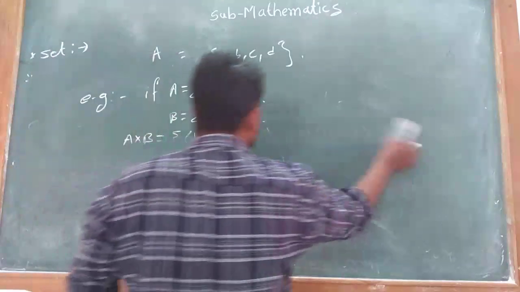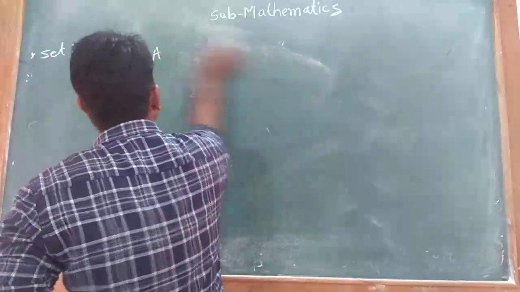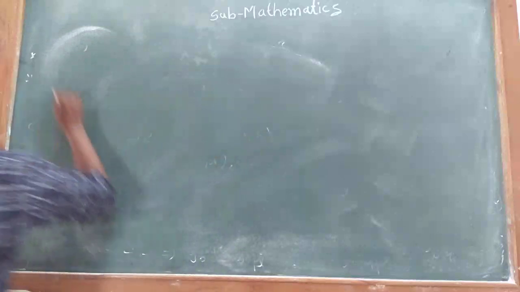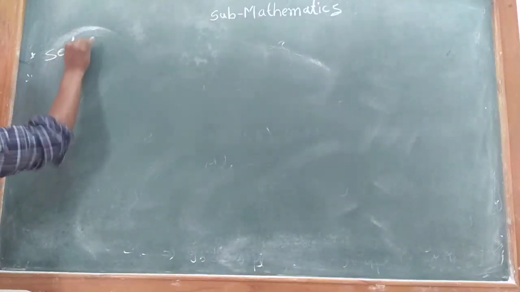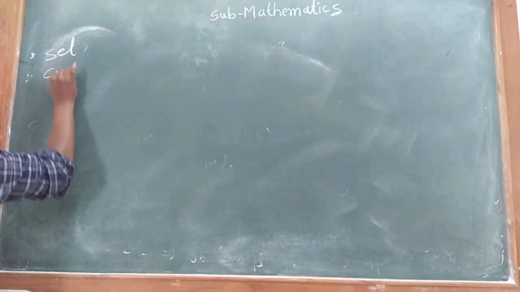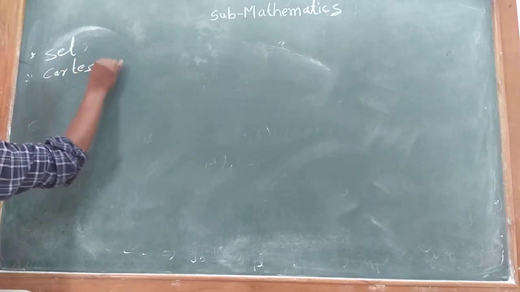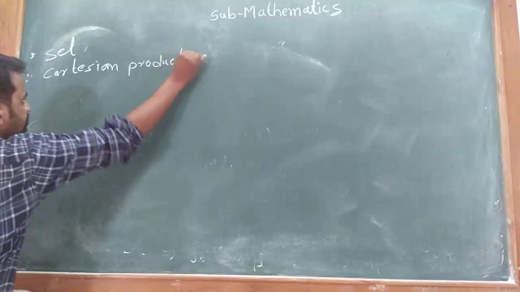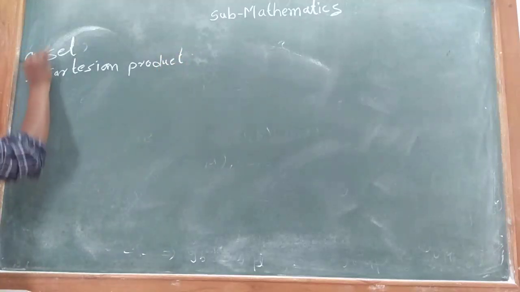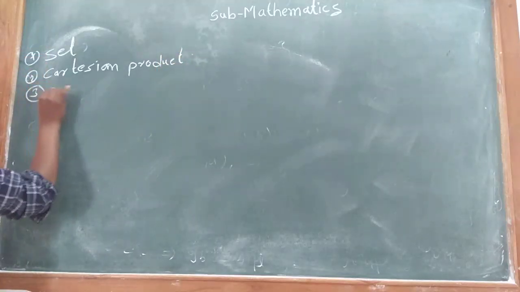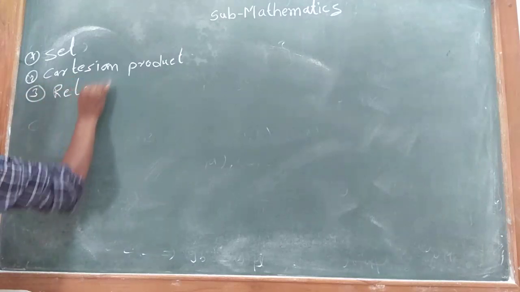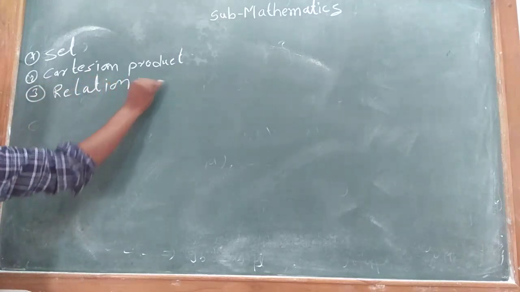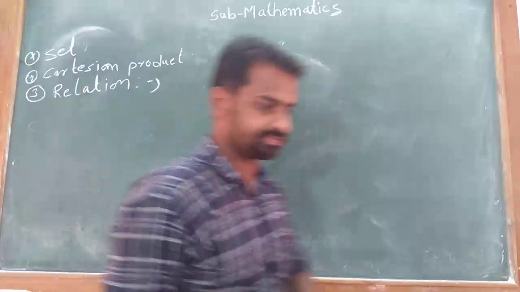Now we will discuss the next definition, which is a relation. First is a set, second is the Cartesian product, third is a relation. What is the definition of relation?